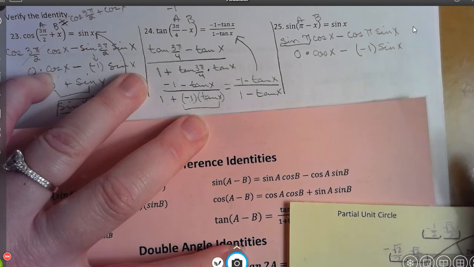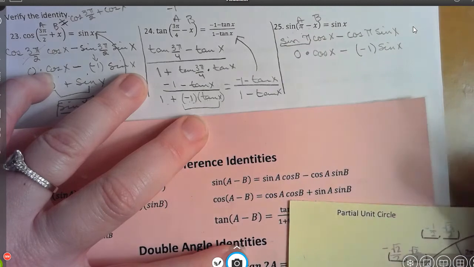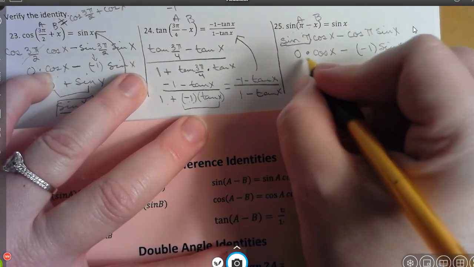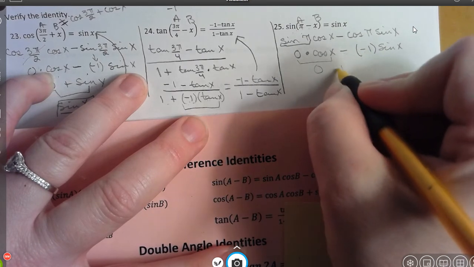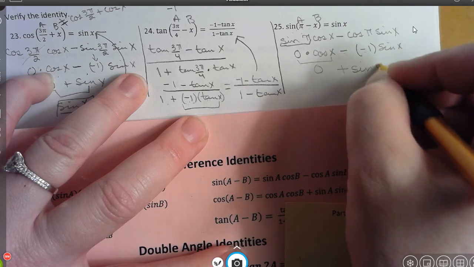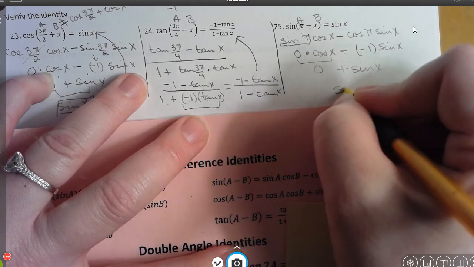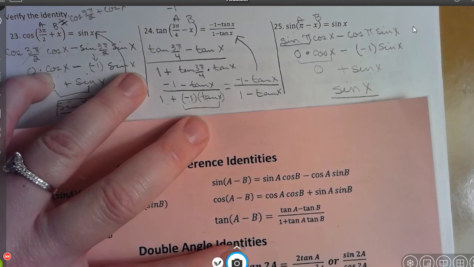You have to show me all the steps. And it's not sine of pi minus sine of x. All right, so this turns into nothing. This double negative becomes a positive sine of x. And there's no need to write 0 plus sine of x is just sine x. Done. We're finished.